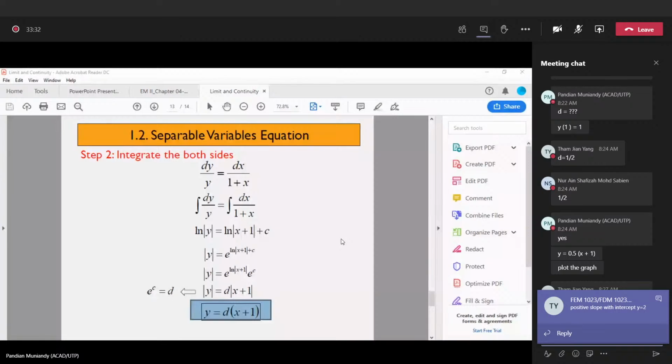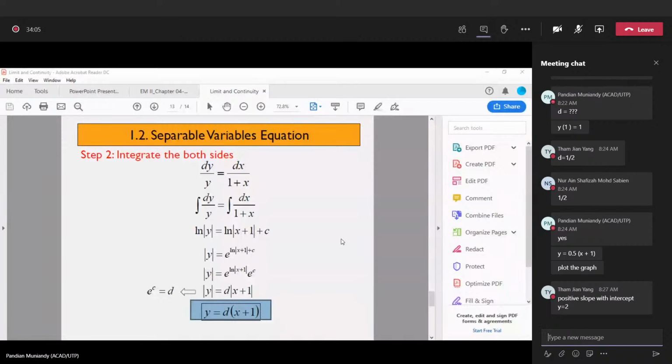Positive slope with intercept at y equals to 2 or half. When x is 0, y is half, not 2. Yeah, it is a straight line. It is a line, right?